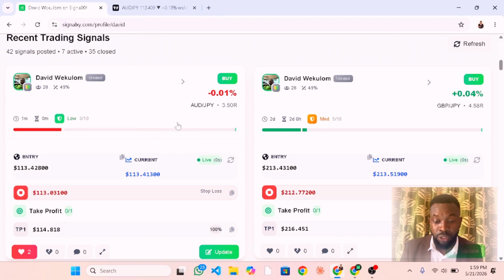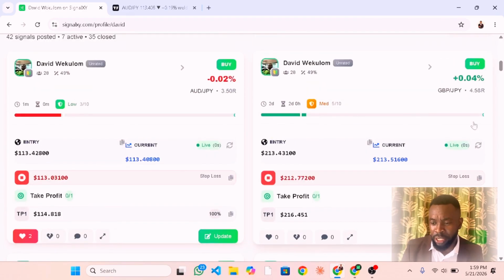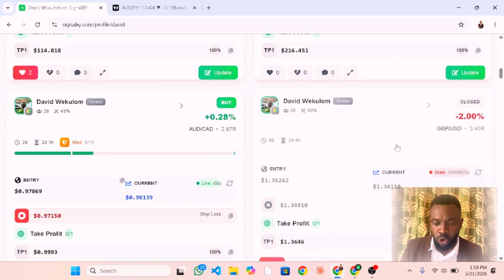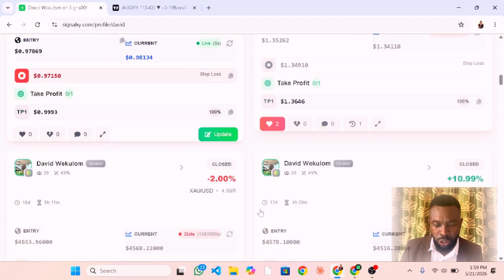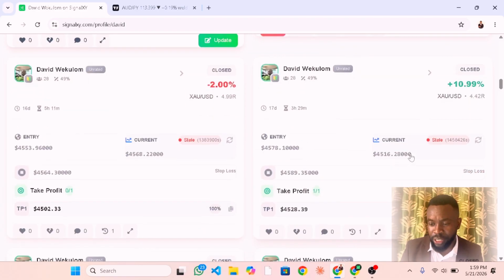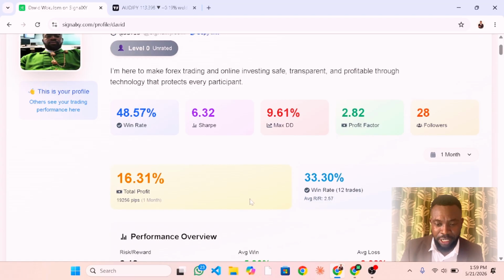So this is AUD JPY that we took. This is GBP JPY that I already took previously. The reward to this is 4.5. Then if you scroll down, you see AUD CAD, another one. This closed with a loss. I have had so many losing trades within this period, but even at that, you can see here that everything is transparent.